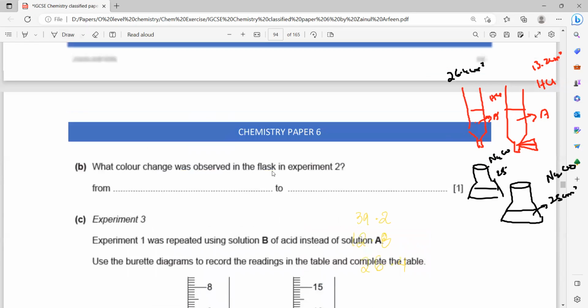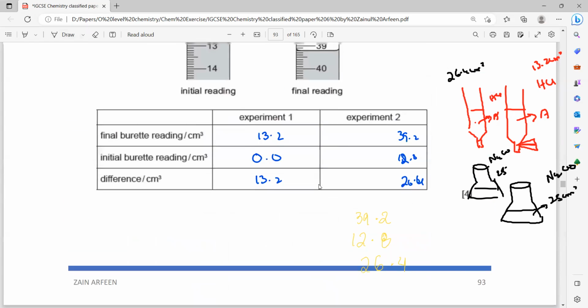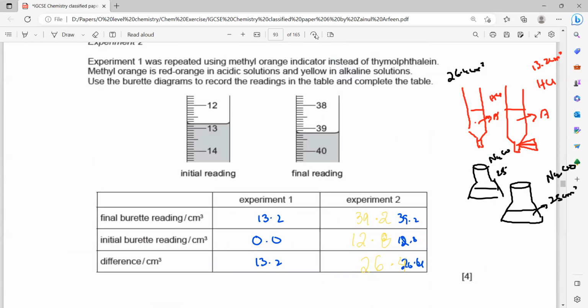Then what color change was observed in the flask in experiment 2? They give you the hint: methyl orange is red in acidic and yellow in alkaline. First, sodium carbonate is an alkaline solution. So what is the original starting color? The starting color will be yellow, and then we are adding an acid until it reacts.